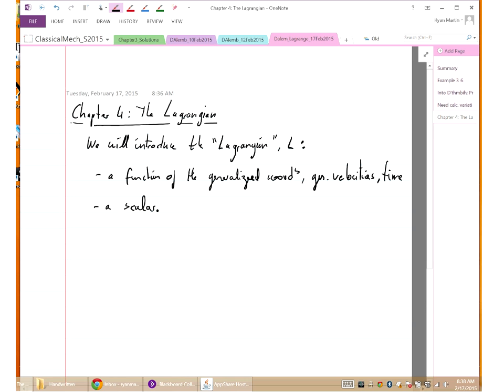It's a scalar, and it completely describes the system.